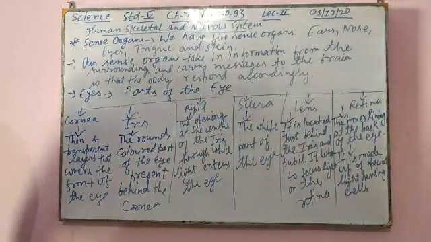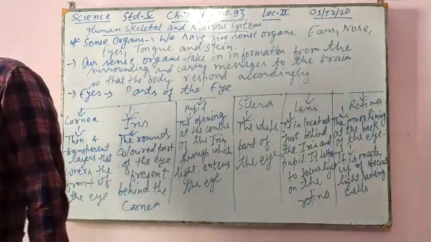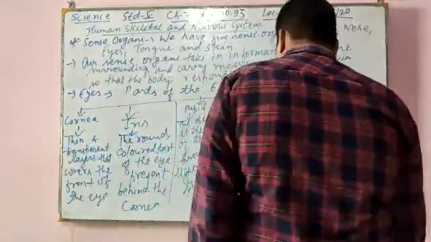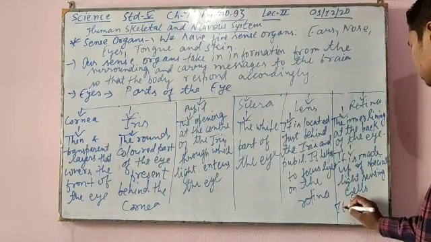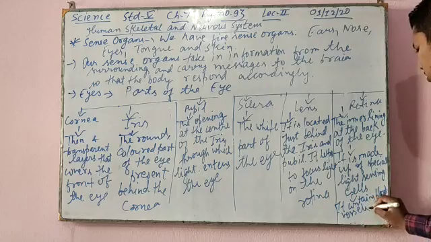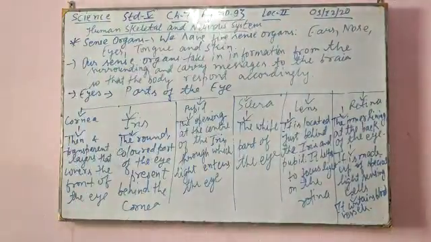It contains blood vessels that supply nutrients to the cells present there. So this is about all of our eye parts.